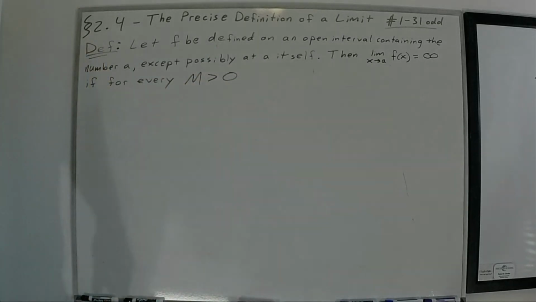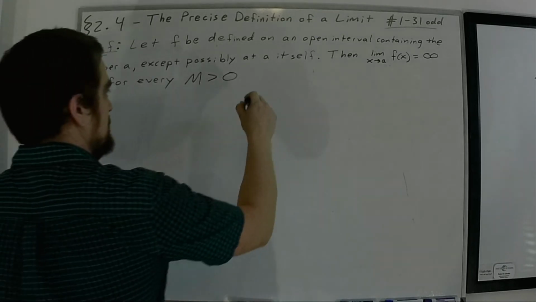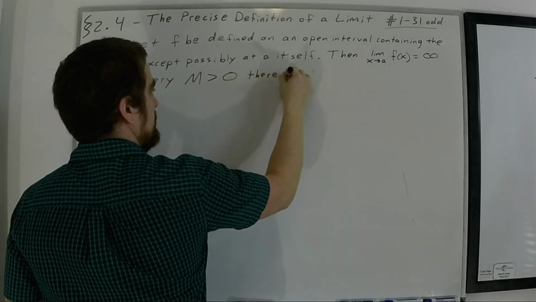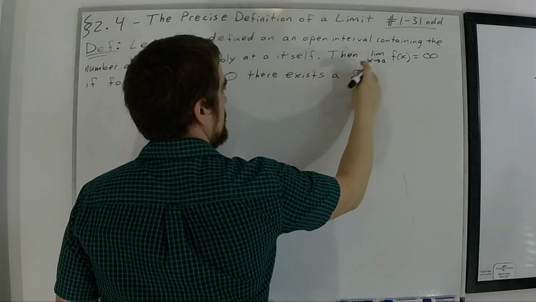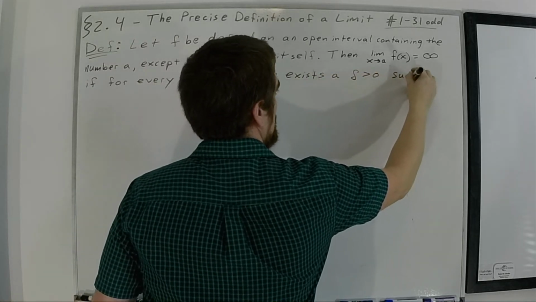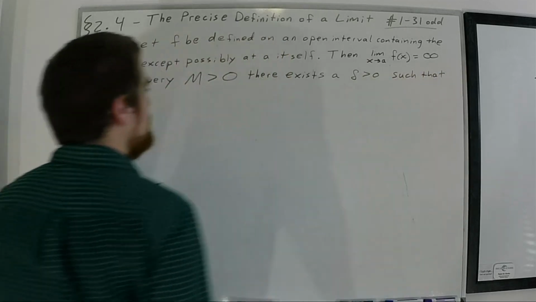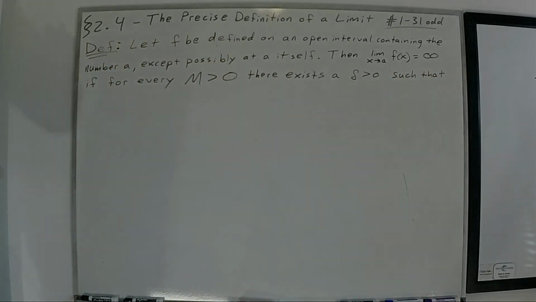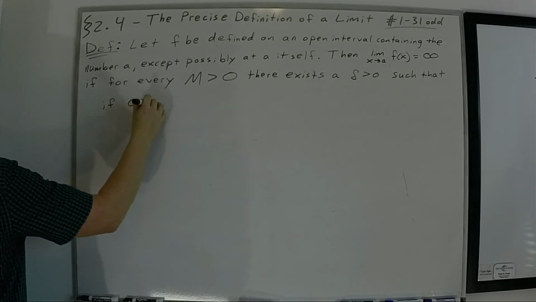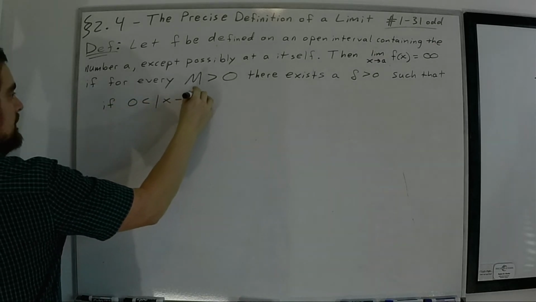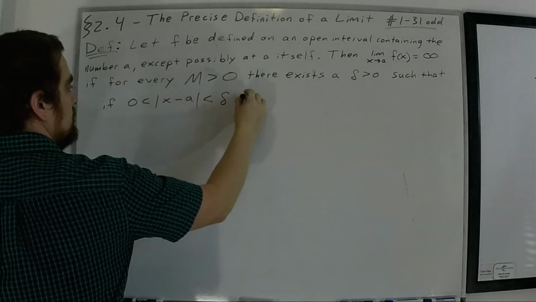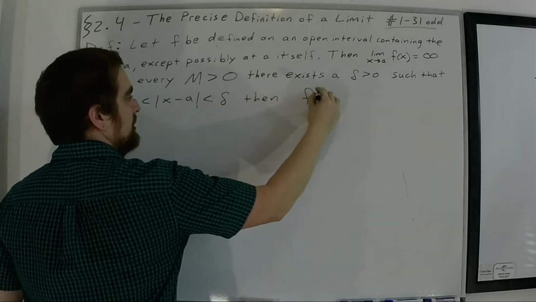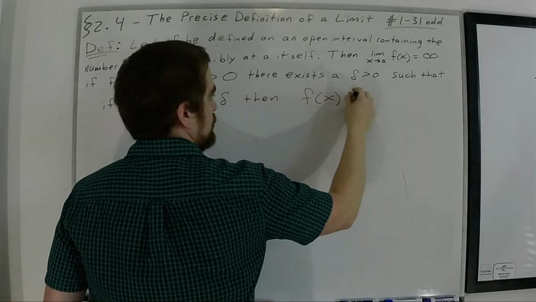For every, and the book just uses capital M, greater than 0, there exists a delta positive such that if 0 is less than the absolute value of x minus a, which is where x is going to, is less than delta, then f of x is greater than M.